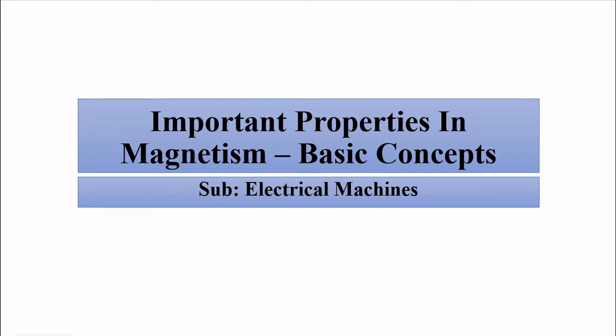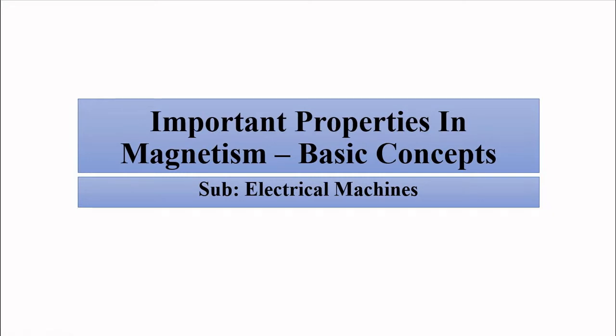So we'll continue our discussion related to electrical machines, basically the basic introductory concepts related to electrical machines. So far we have discussed some basic concepts in the previous videos.